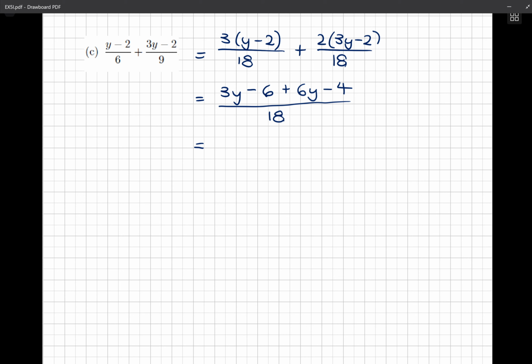We have got 3y and plus 6y, they're like terms, so we can add those together. That is 9y. And then for our other like terms, we've got negative 6 and negative 4, and putting those together is negative 10. And we're talking about 18ths, it's all over 18. And that's the answer for the last example.